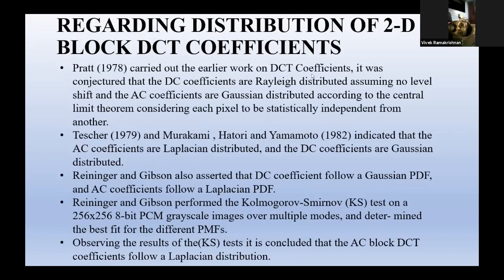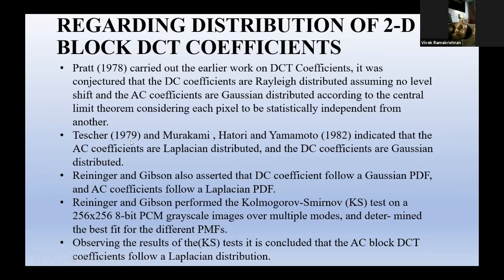Now, if we look at the distribution of the 2D block DCT coefficients, the coefficients are of value to us. It has some evolution in the literature. Pratt in 1978 carried out the earlier work on DCT coefficients, and he said that the DC coefficients are Rayleigh distributed, and the AC coefficients are Gaussian distributed. When you go for weighted blending using the Gaussian nature itself, this is some conjecture which he proposed.